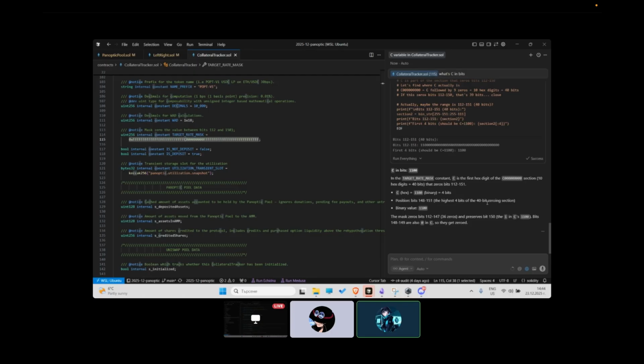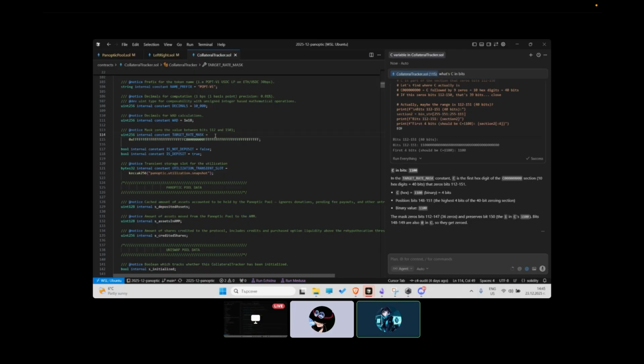But 150 is a 1 bit already, I think. It's like 112 and 149, right? Because 149 minus 112, you need to add 1 to the difference to know the number of bits.